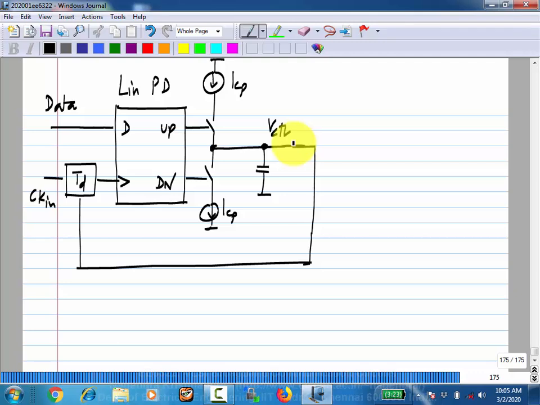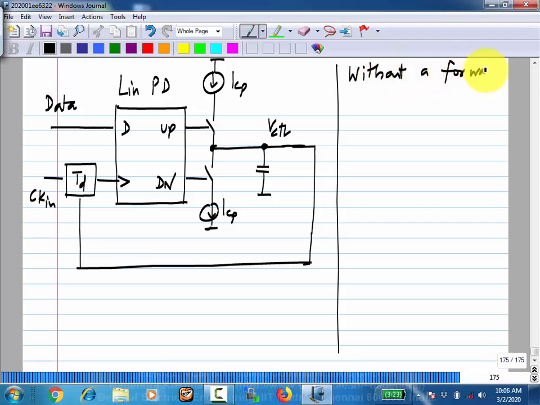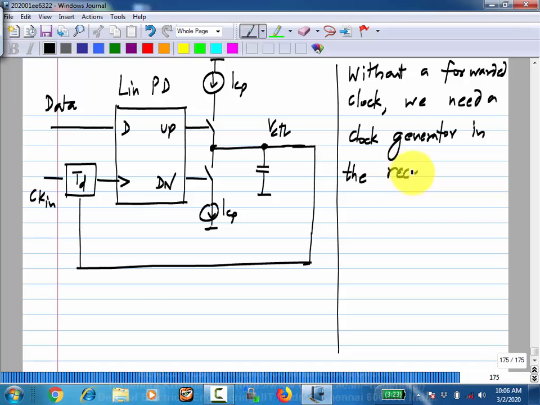Now, when we don't have a forwarded clock, essentially we need a clock generator in the receiver, right?